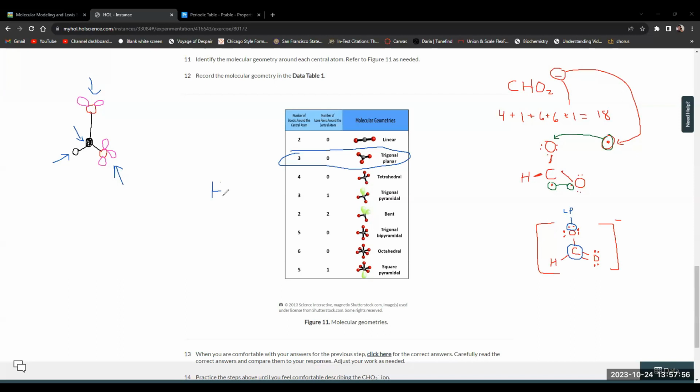What about H2O? So remember when we drew it as an example? Is it linear or bent?